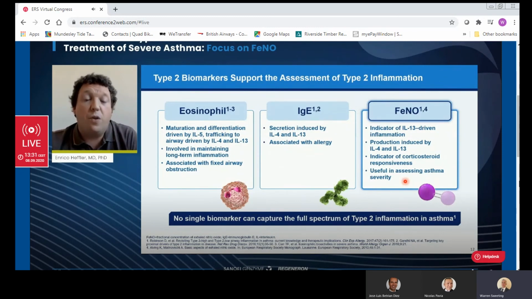It's important, of course, to remind you all that unfortunately, as of now, no single biomarker can capture the full spectrum of type 2 inflammation in asthma. So it is advisable to use all the three biomarkers in combination, knowing the specificity of each single biomarker in giving you different clinical information.